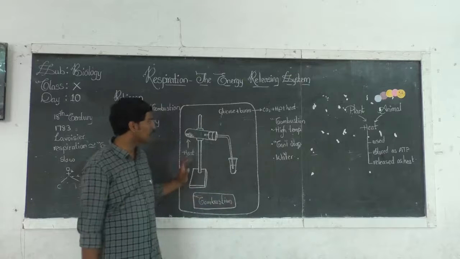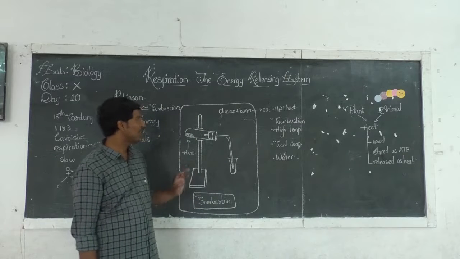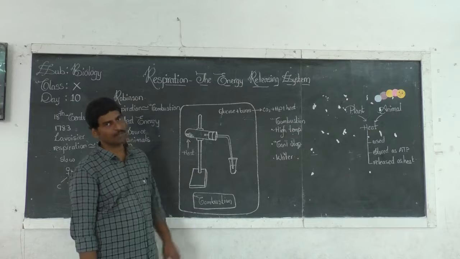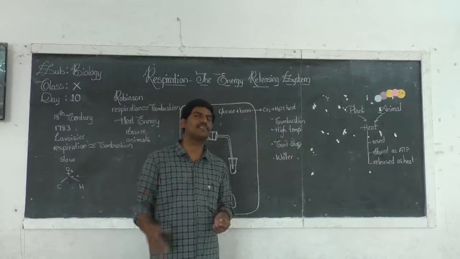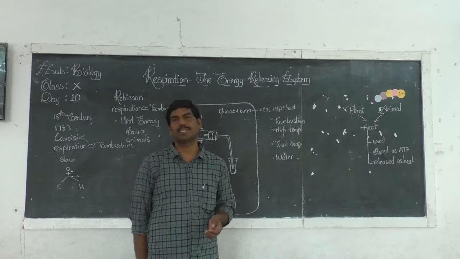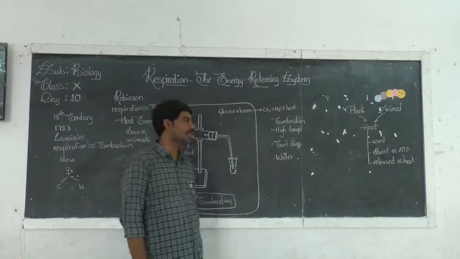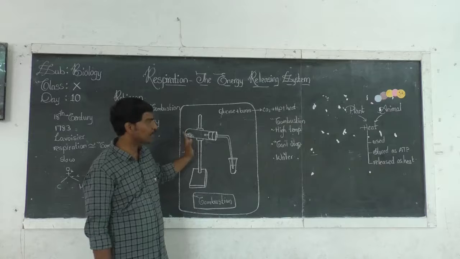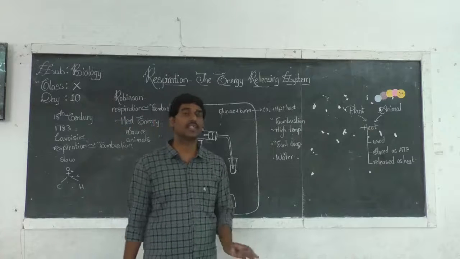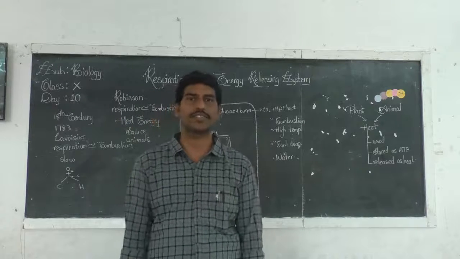Once combustion has started, it can't be stopped, whereas respiration can be stopped by a few chemical substances which interrupt the process. Water can stop the combustion process, but water cannot stop the respiration process.